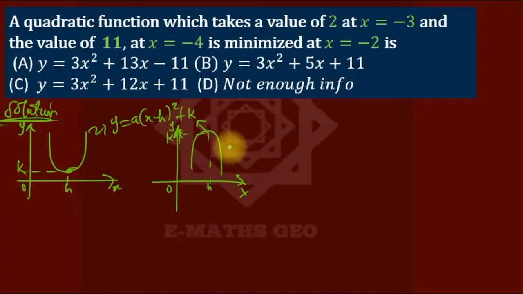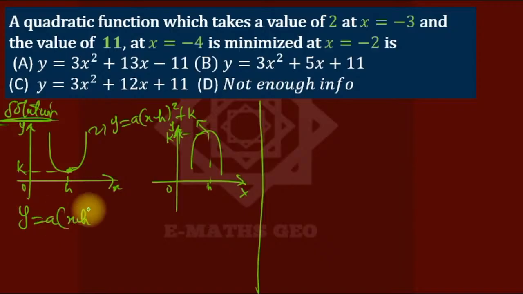So using that knowledge to solve this question, we have y equals a times (x minus h) all squared plus k. They told us the value of 2 at x equals -3. So y is 2, and x is -3.